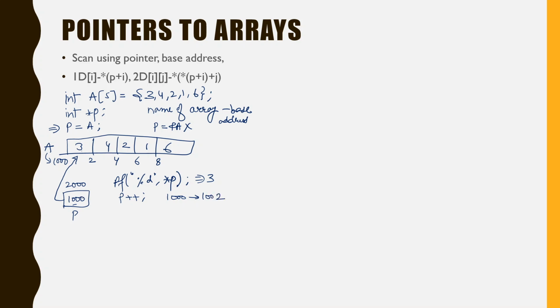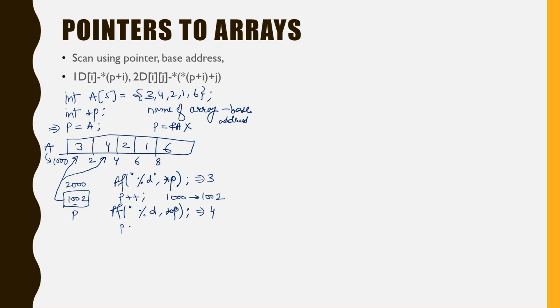As soon as 1000 is incremented to 1002, the pointer starts pointing to this place. Executing the same print statement after p plus plus would print the value 4, because p is now pointing to the second element, which is 4.